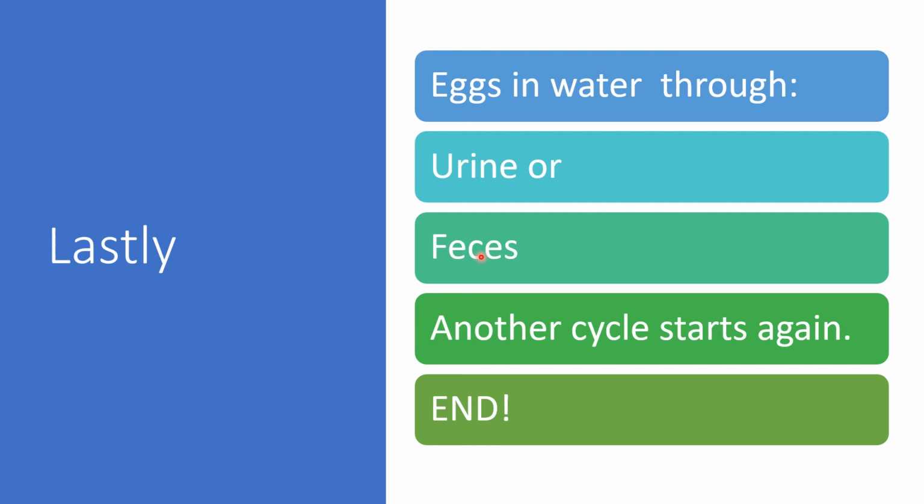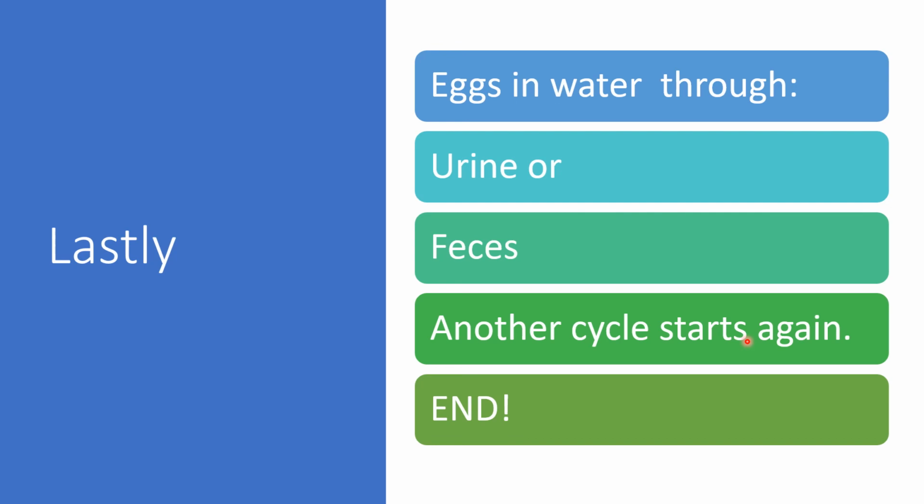Or it's going to end there if it's not found in fresh water or the appropriate habitat where the intermediate host could be found. If it is found in fresh water with the appropriate intermediate host available, then another cycle will start again.